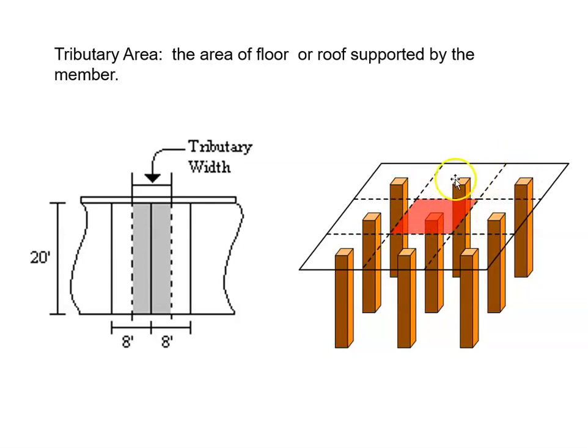So we take the space between these two columns, these two columns, these two columns, and we draw a line. Whatever's on this side of the line, this floor, is being supported by these columns. Whatever's here in the middle is being supported, whatever's between these two lines is being supported by these. And then we further go in this direction. So this center column is supporting the red zone. That is its tributary area.